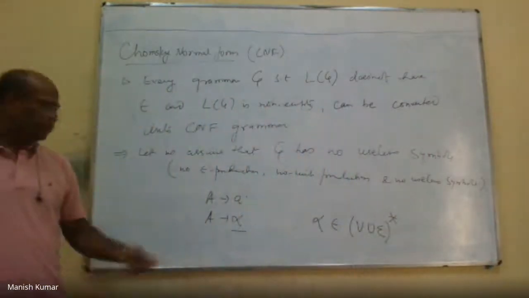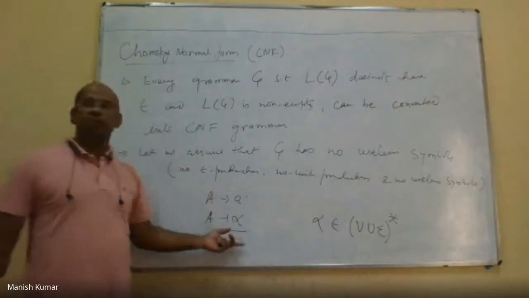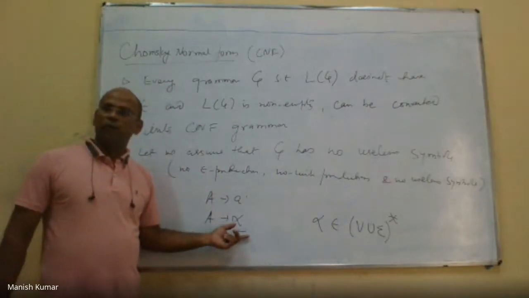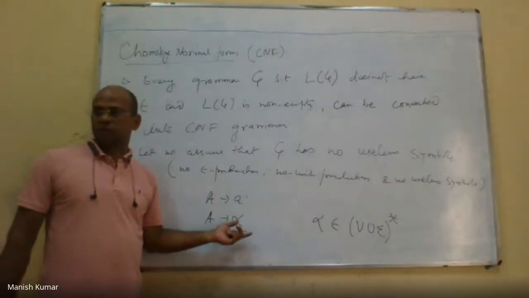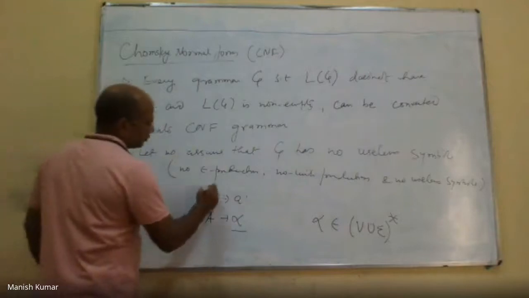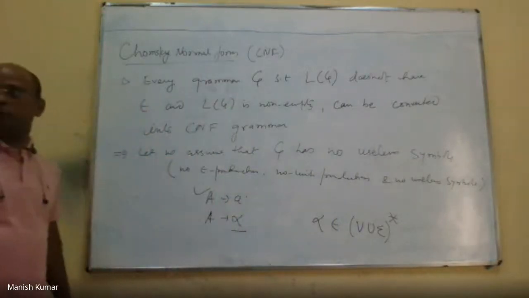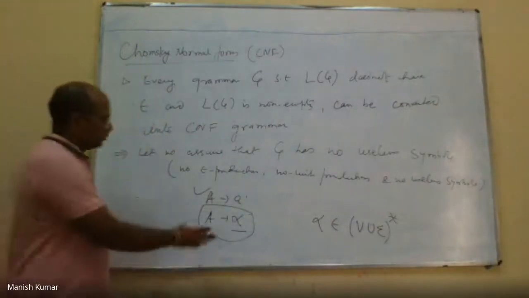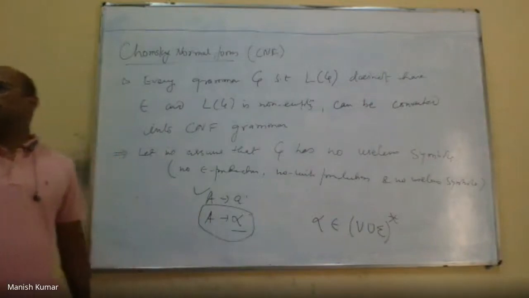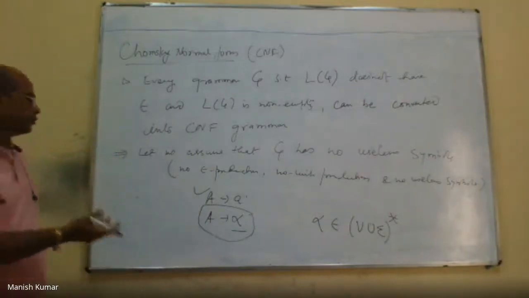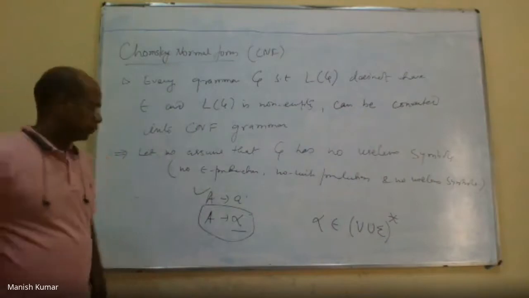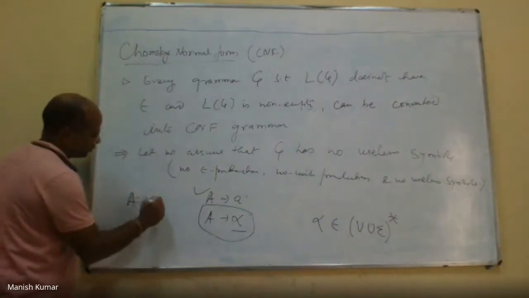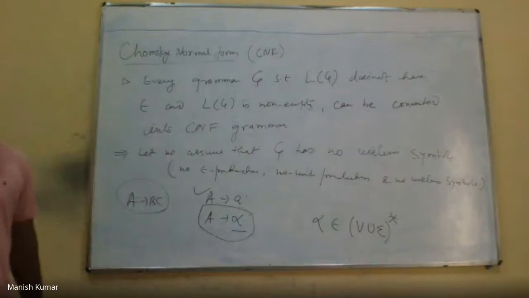So alpha could be a combination of terminals only, a combination of terminals and non-terminals, or a combination of non-terminals only. This one is already in Chomsky normal form. What you need to do is transform the other set of productions into Chomsky normal form, either of this type or of this type. So let us go for doing it.